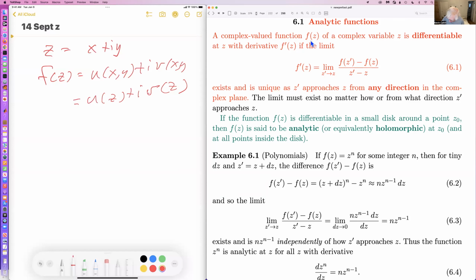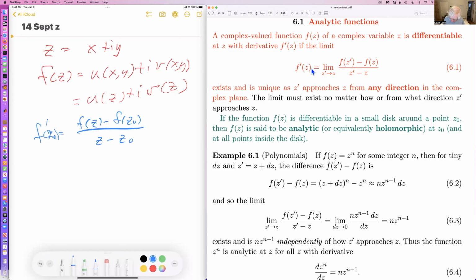So let me clean it up just a little bit. And the important thing here is that the derivative should exist no matter how. In other words, f prime at, say, z0, which is f of z minus f of z0 over z minus z0.